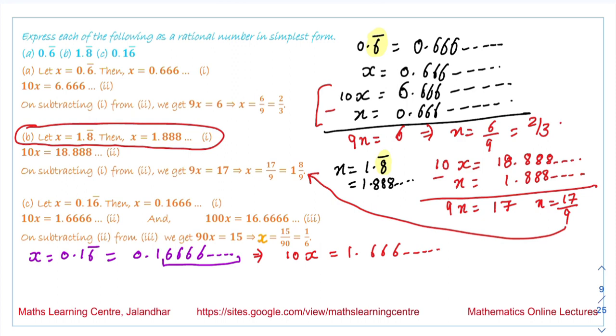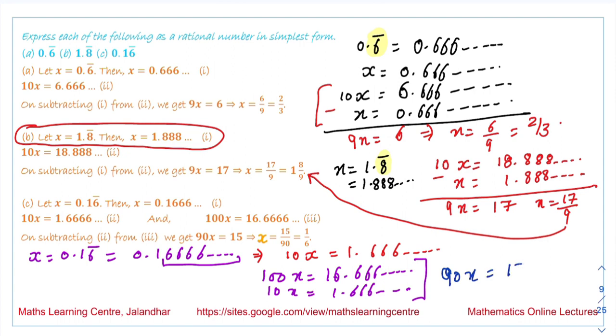So we are multiplying it again with 10. So we are saying 100x is equal to 116.666 and so on, and 10x is equal to 1.666 and so on. When we subtract these two equations, we get 90x is equal to 15. It means x is equal to 15 by 90, that is equal to 1 by 6.